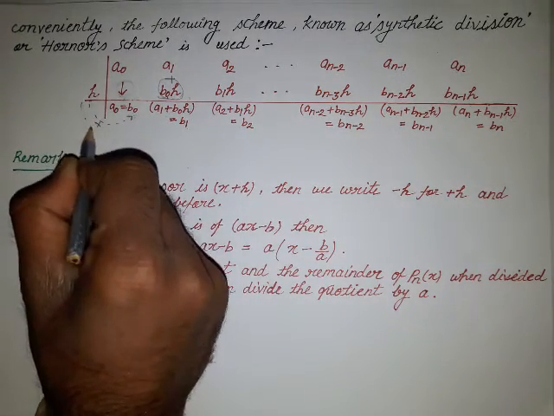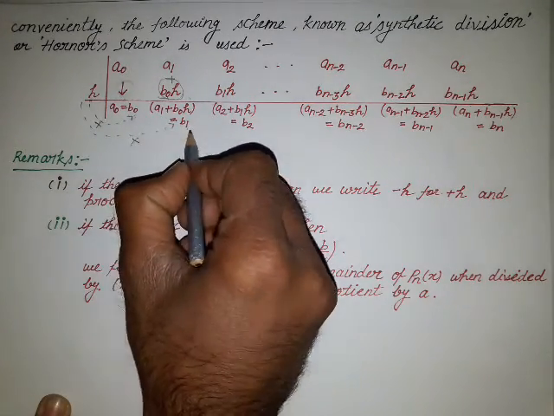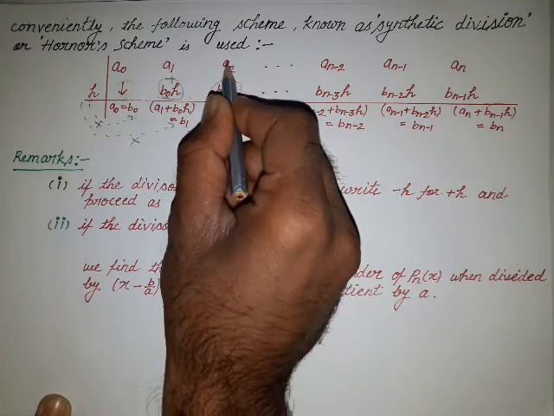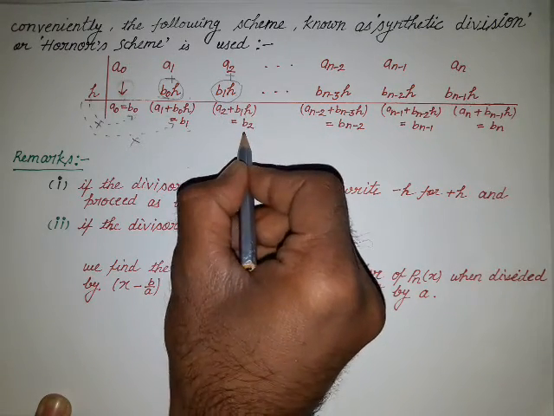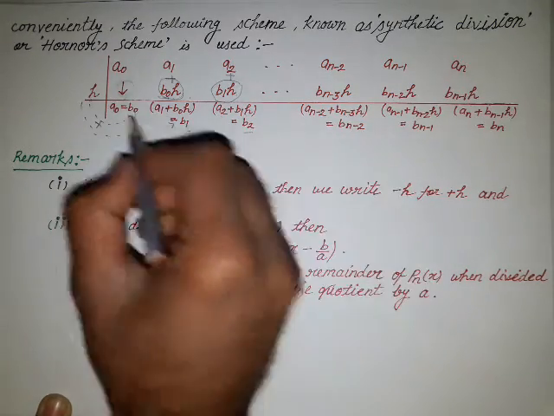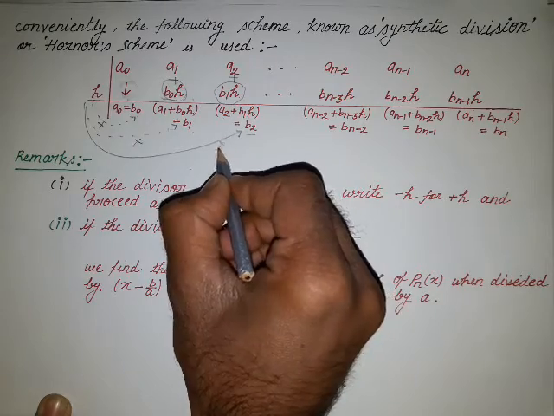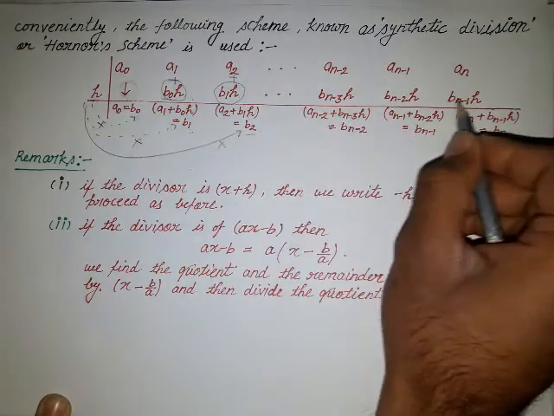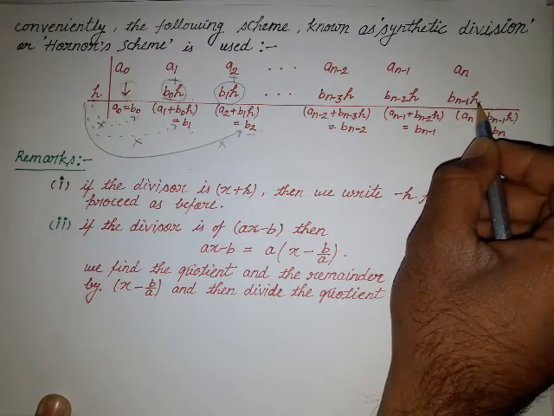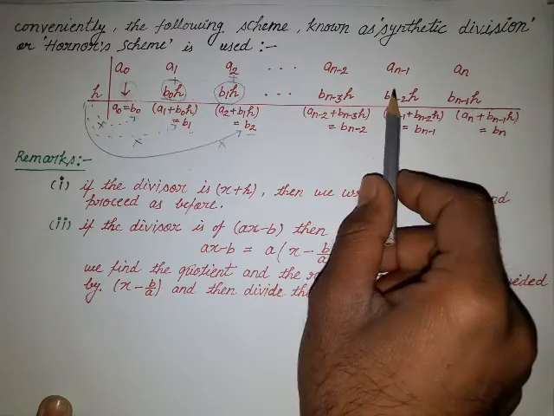Now again multiplying this h to b1, we write here. On adding a2 to b1 h, we get b2. Now again we multiply h to b2, we write here, and this process goes on up to the n terms. So this is our synthetic division or Horner's scheme.